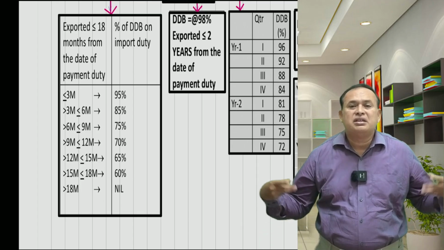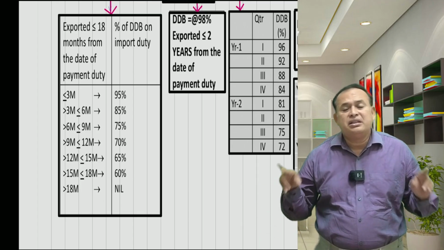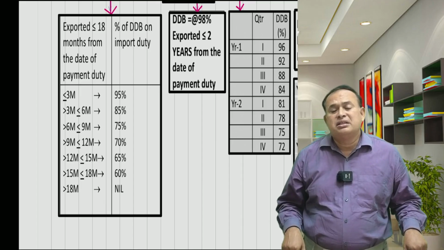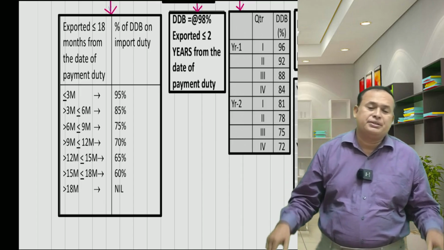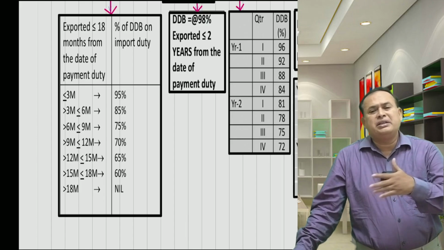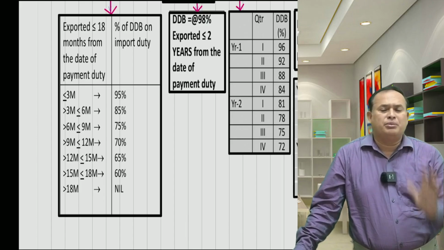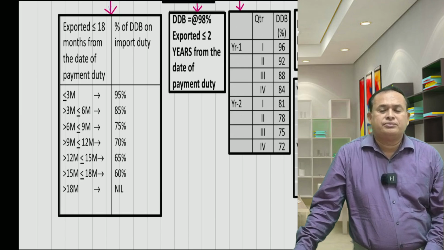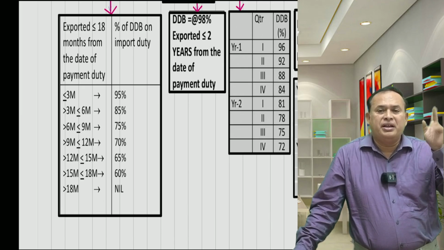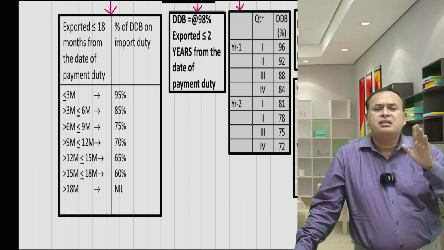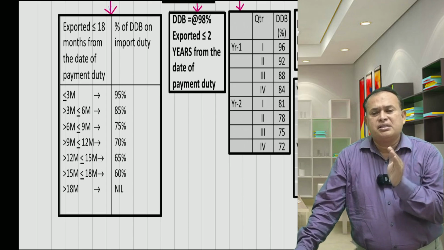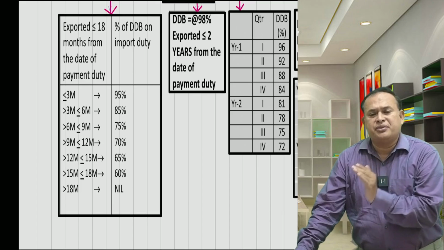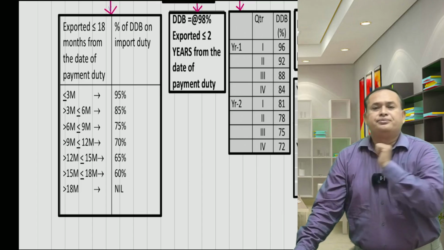Within 15 months, 65%. Within 18 months, then it is 60%. Part of a month is also counted as a full month. 95, 85, 75. Thereafter, 70, 65, 60.